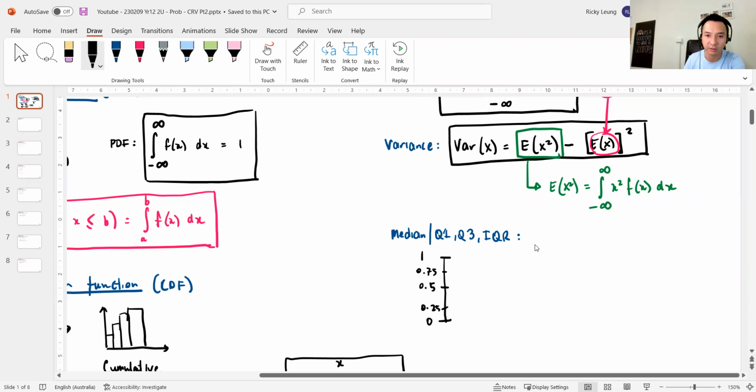This guy here represents the lower quartile, this guy represents the upper quartile, and the 50th percentile is the median. To find all that using the formulas we know, for example, I'll deal with the median.